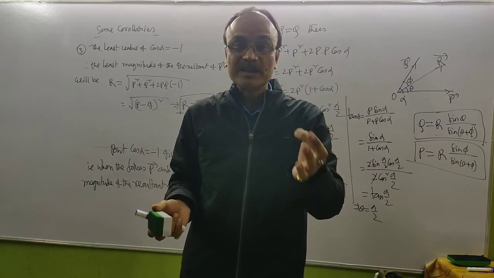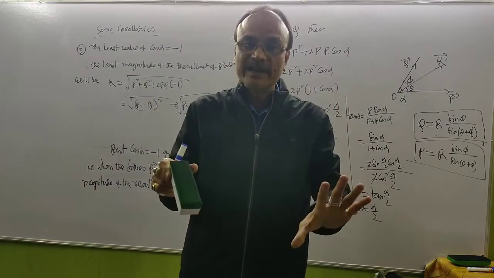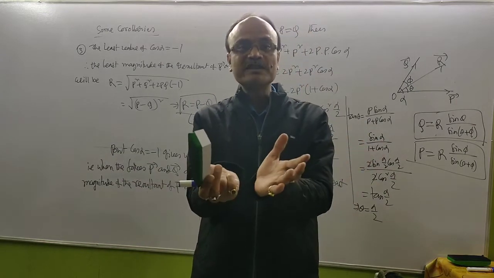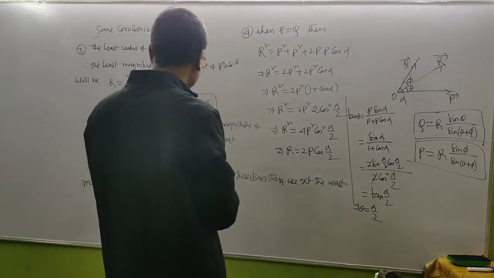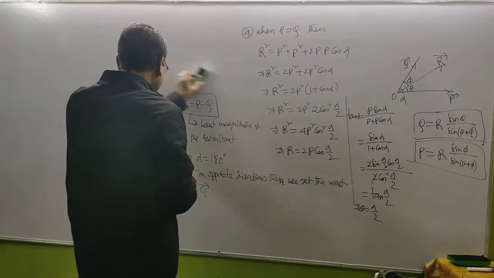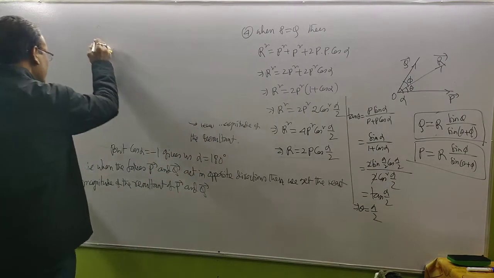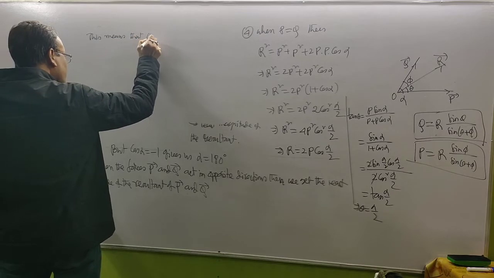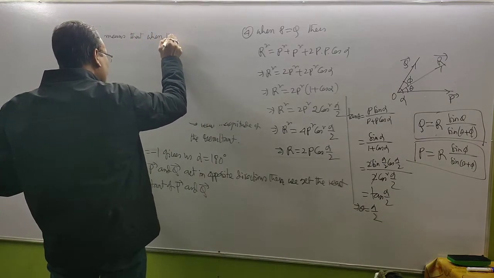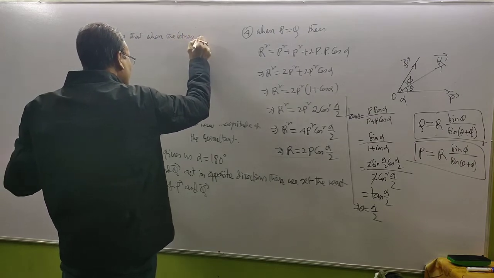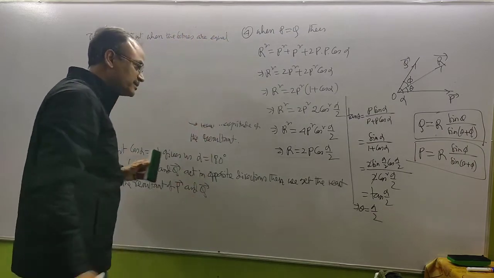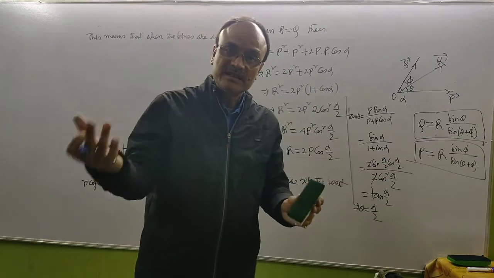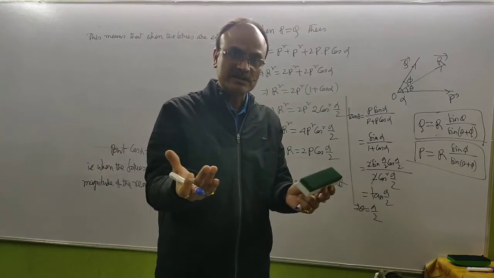What does it mean? Theta is equal to alpha by 2. When the forces are equal, the resultant bisects the angle between the two forces P and Q. This means that when the forces are equal, the resultant bisects or divides the angle into two equal parts.